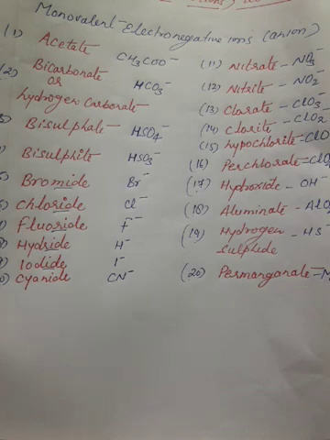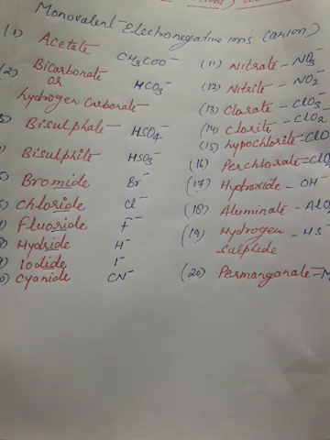Again, ate means ClO3 chlorate, ClO2 chlorite, ClO hypochlorite, and perchlorate means one oxygen more than ate. Chlorate contains 3 oxygen, so perchlorate will contain how many oxygen? 4 oxygen. Clear? So better you learn perchlorate first. Perchlorate ClO4. Only chlorate reduces the number of oxygen. Chlorate ClO3, chlorite ClO2, hypochlorite ClO. So like that it will be very easy to learn.